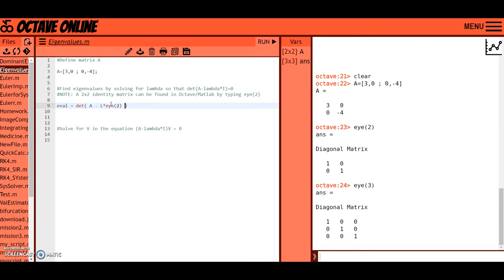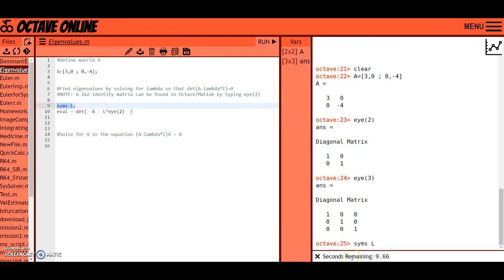Okay, so make sure we close our parentheses, a little bit easier to space things out. Now, because I'm treating L as a symbol, before I run that, I would need syms L to define the symbolic variable L. So I'm going to type syms L, that's going to initiate a symbolic variable there, and now in this case, I want this set equal to 0. So I'm going to set that equal to 0, since it's a logical expression.